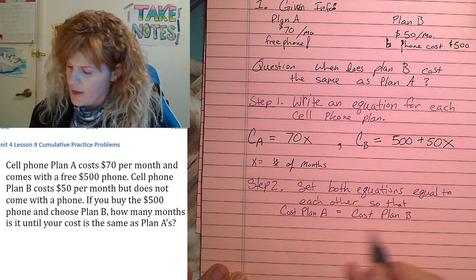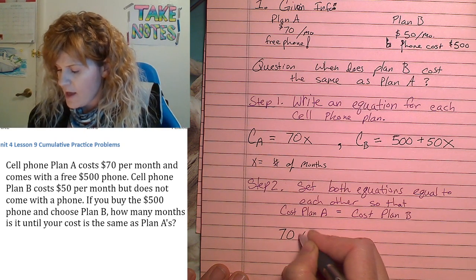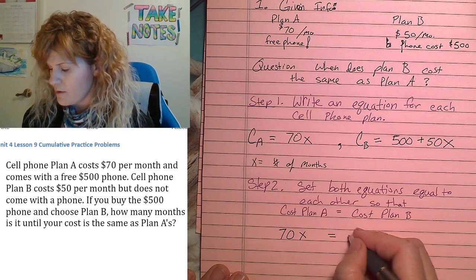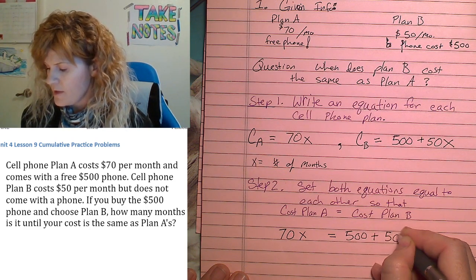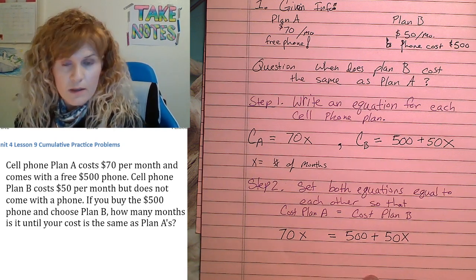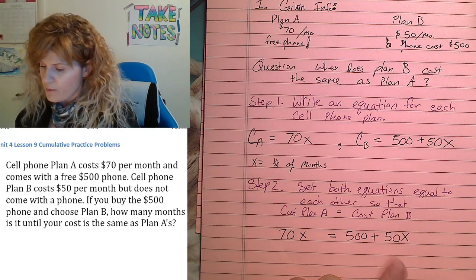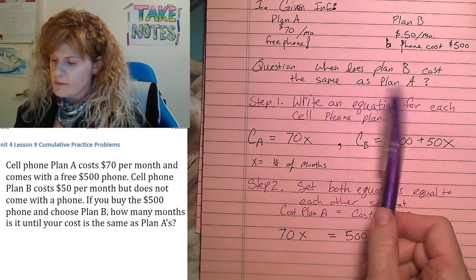Okay, let's go ahead and do that. So we're saying 70x is going to be equal to 500 plus 50x. And we want to know when that x will be. Remember, that's what we want to solve for, really. When does Plan B cost the same as Plan A?